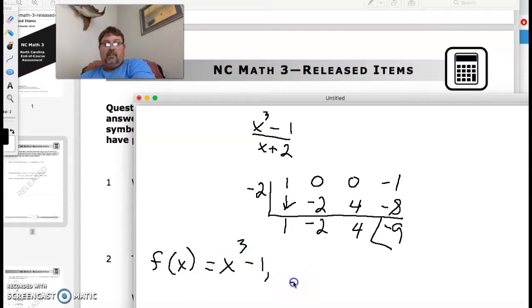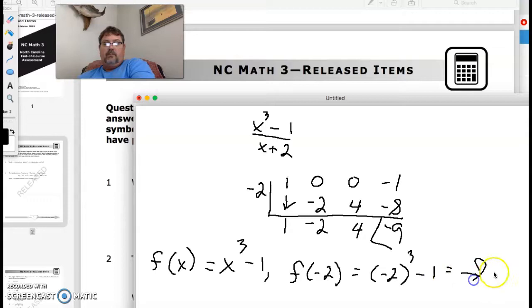Remainder theorem says the remainder is the same as evaluating the function at that point, which would be negative 2 cubed minus 1, which is negative 8 minus 1, and there's that negative 9 again. Two different ways to do that problem. I would say that's faster probably, but anyway. So for number one, I'd say it's negative 9.